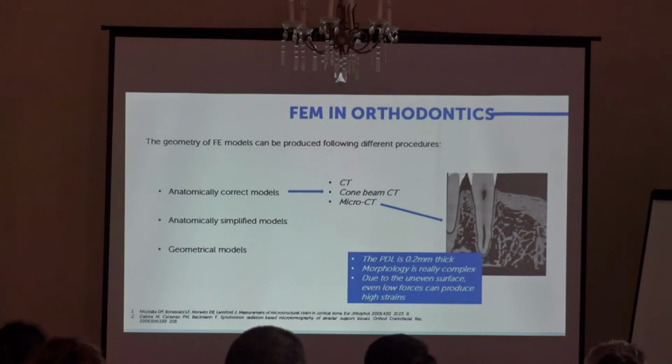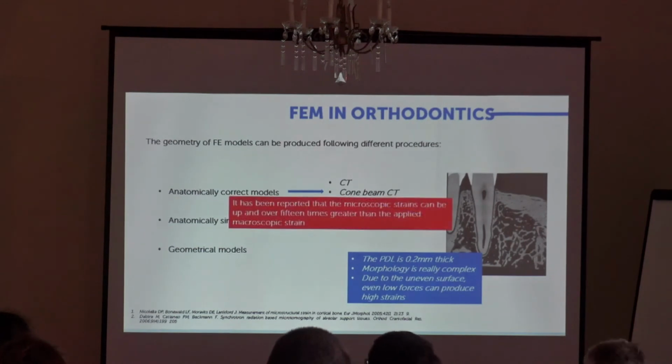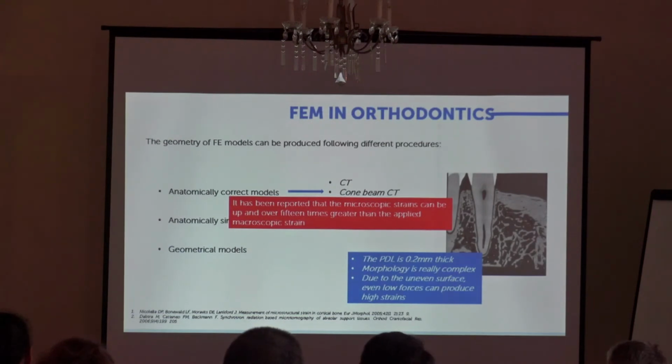We know that the periodontal ligament in normal condition is very thin, and that the interface between the bone and the ligament is very complex. It's not a regular surface, it's very uneven, and so this translates into the observation that macroscopic strains can result in very high microscopic strains, because we can have very small contact areas where we can have very high strains.